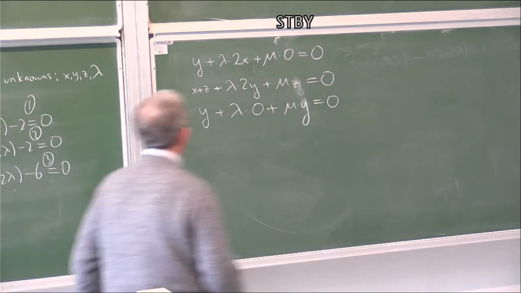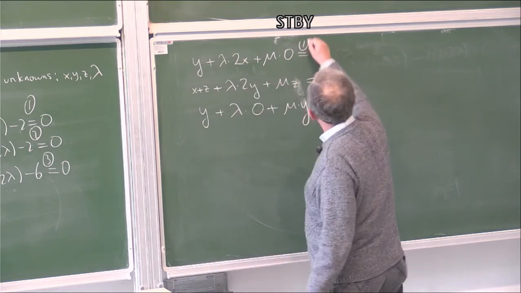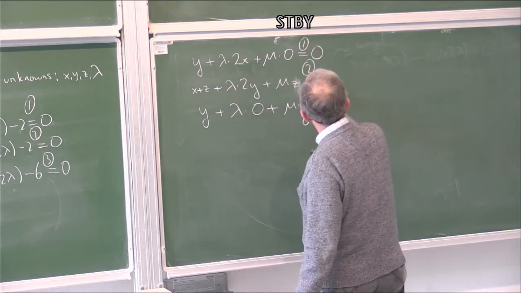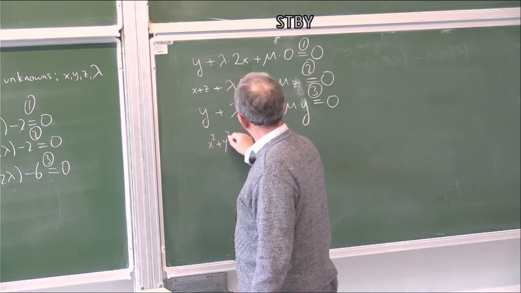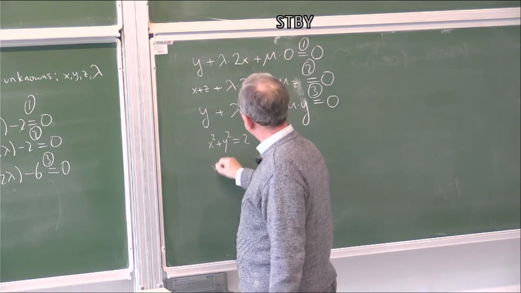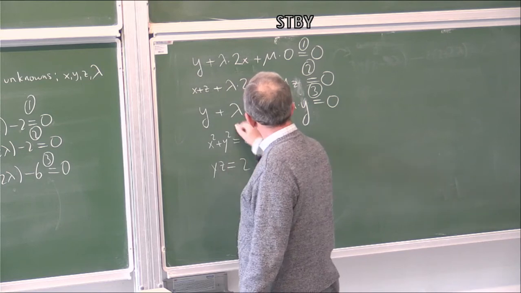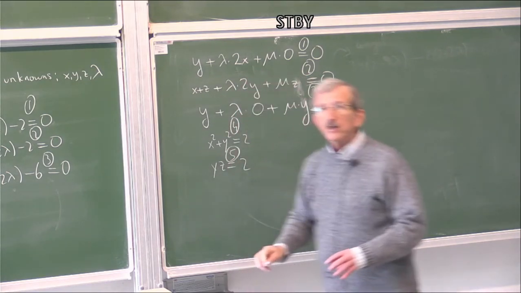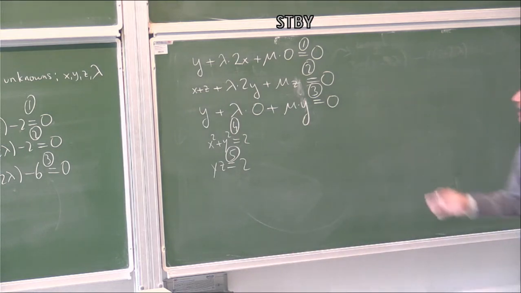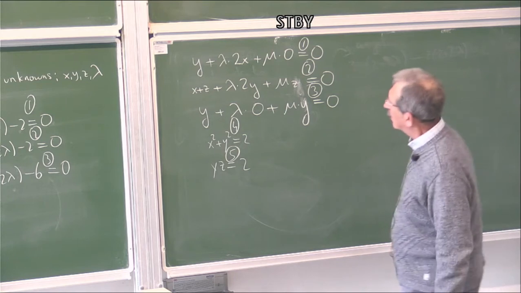You can call these the equations 1, 2, 3. The last two, and yz equal to 2, can be called 4 and 5. Clearly, we have 5 unknowns and five equations, and we want to solve the system.